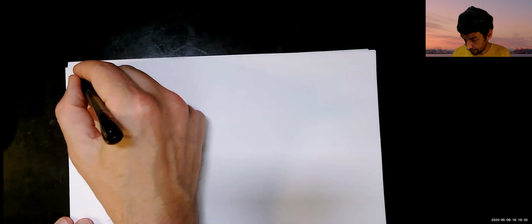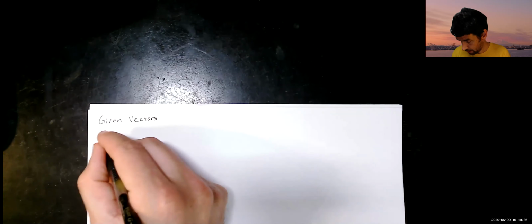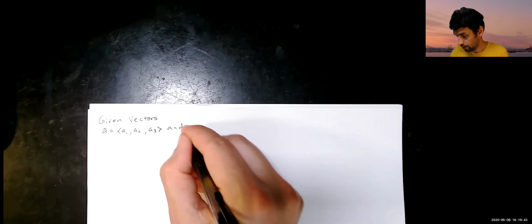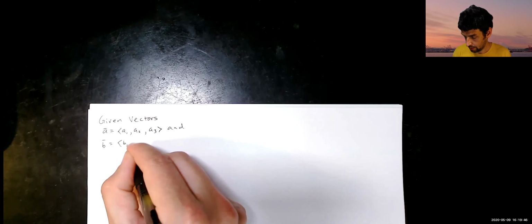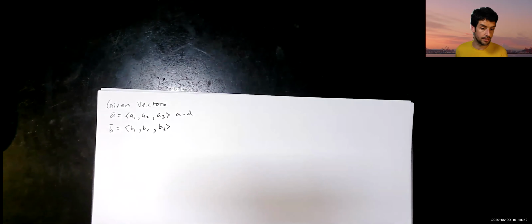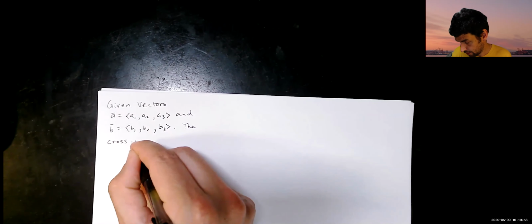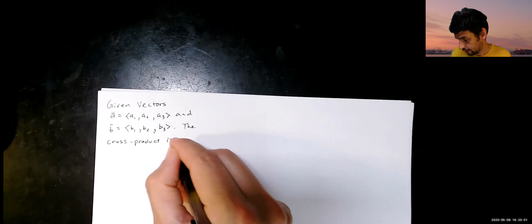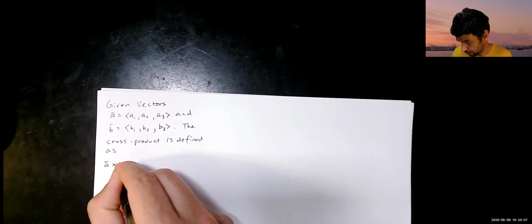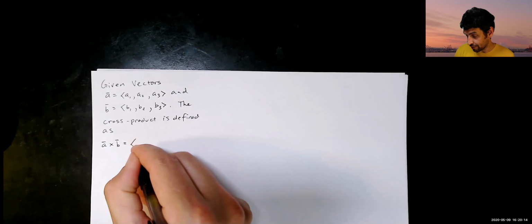So we will say, given vectors A, as I said before, and B, the cross product is defined as, and we write A cross B, okay, distinct from the dot product, and it gives us a vector.